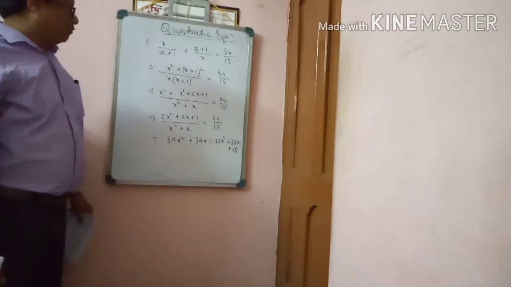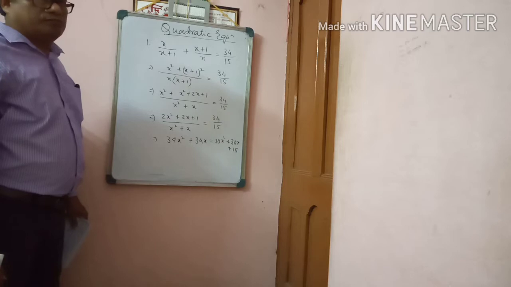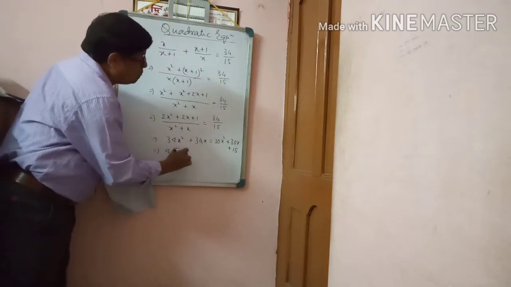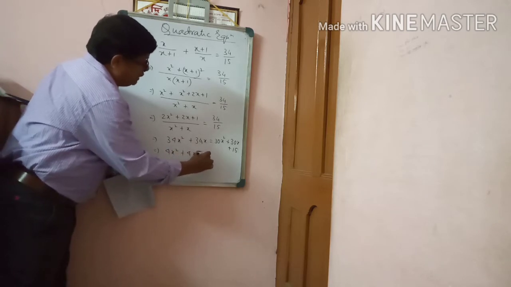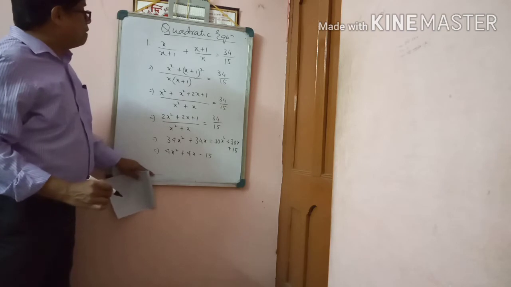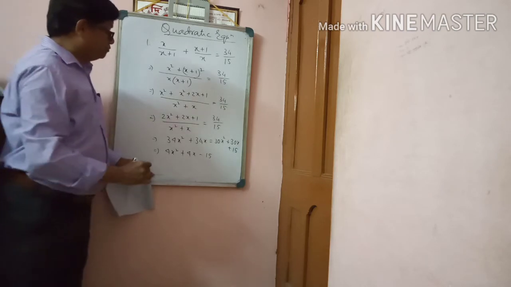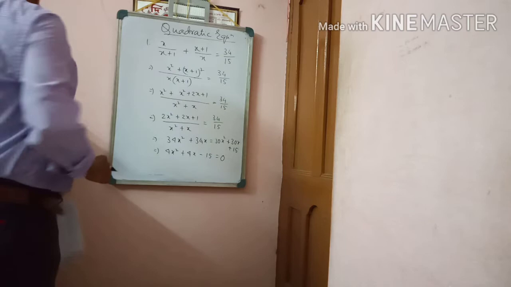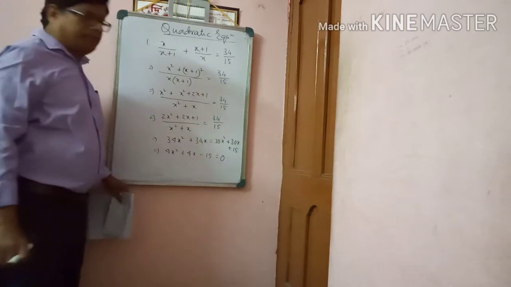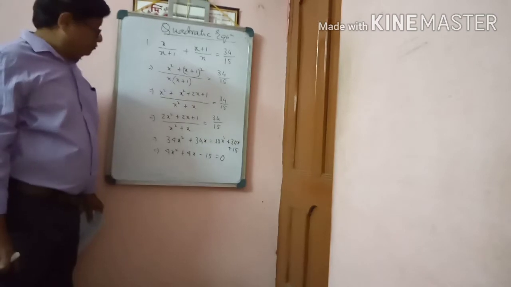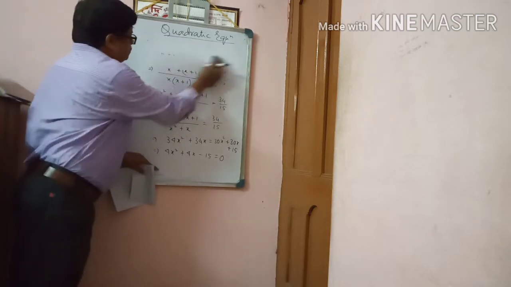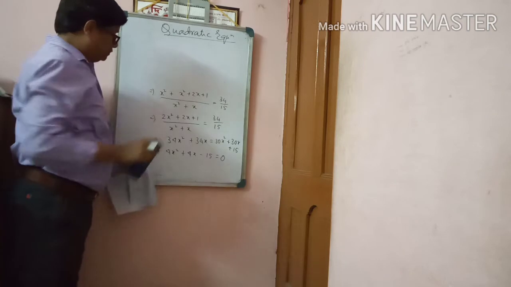Now take it to one side, it will be 4x square plus 4x minus 15 equal to 0. Now you have to solve.